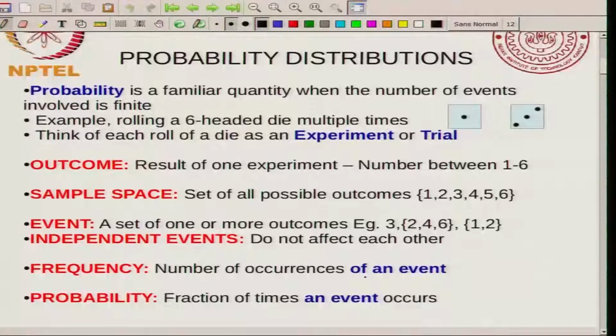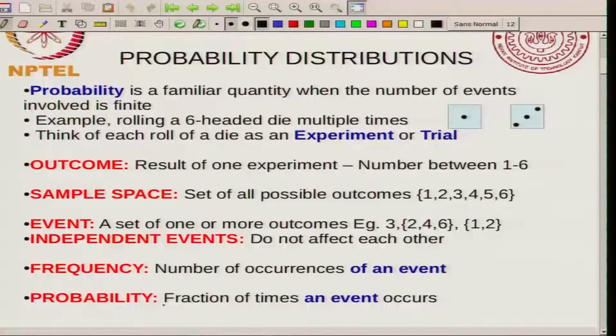Now, if your event was just a single outcome, then you can ask what is the frequency of 2, that is how many times 2 appears in a roll. The probability in this case is defined as the fraction of times an event occurs. So, you always ask the probability of an event, and that is basically the fraction of times the event occurs.